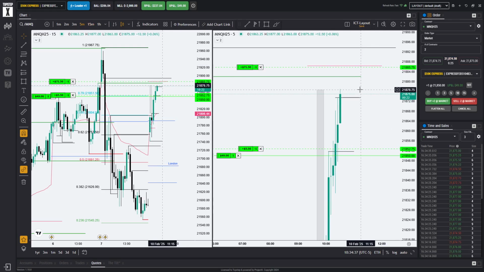Okay, measured move reached. Doesn't need to reverse now, but very often does. Yeah.